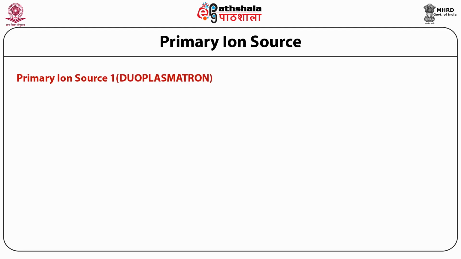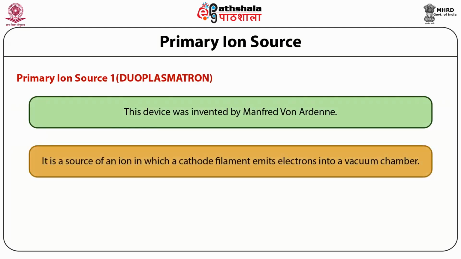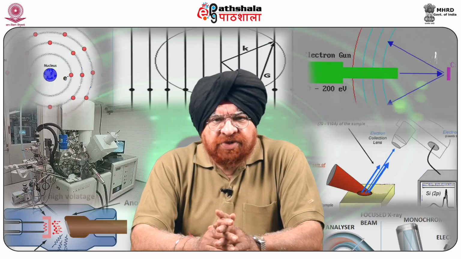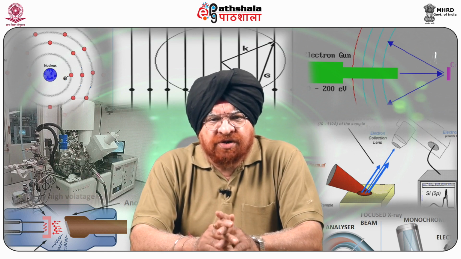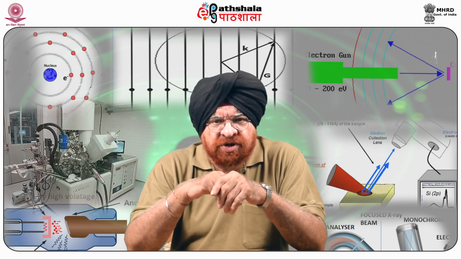Primary ion source and the details are given. Primary ion source 1, as we call it, is the duoplasmatron. The device was invented by Manfred von Ardenne. It is a source of ions in which a cathode filament emits electrons into a vacuum chamber. The gas that is used here is argon. This is an inert gas and it is used in very small quantities. This is fed into the gas chamber.